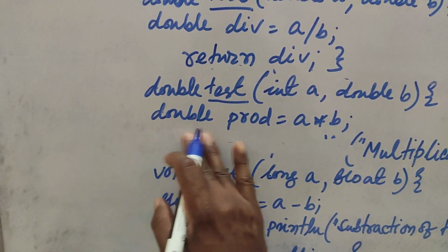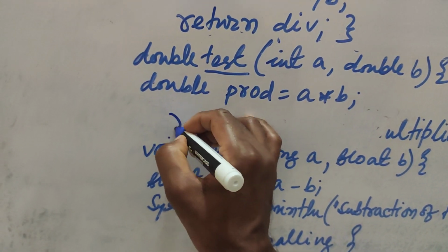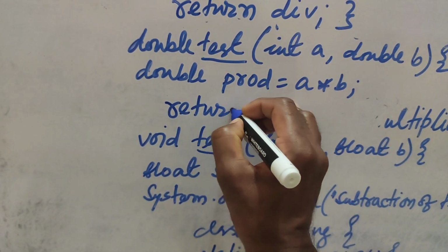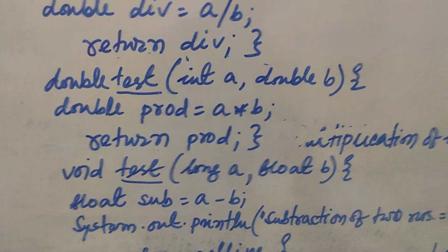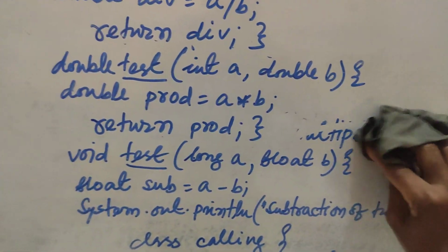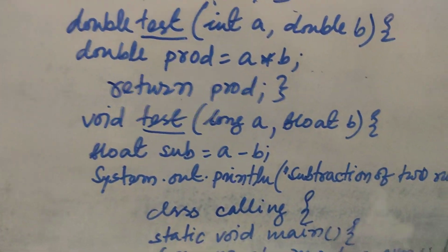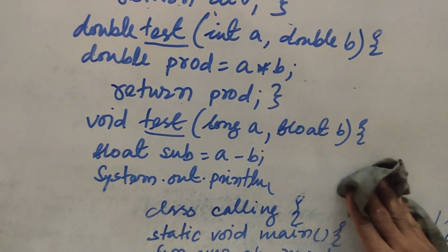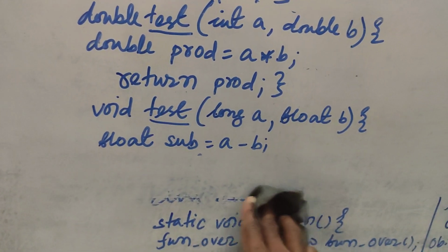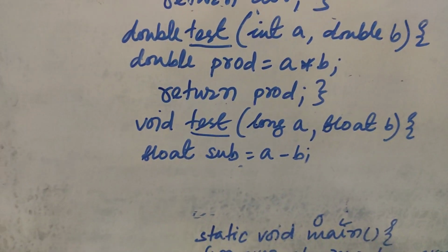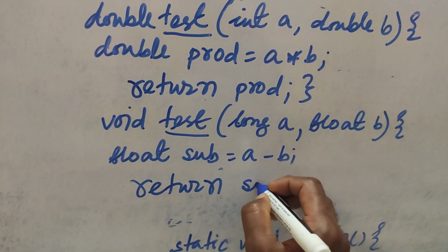Same here also, a return statement instead of system.out.println. Return product. And this is return sum.